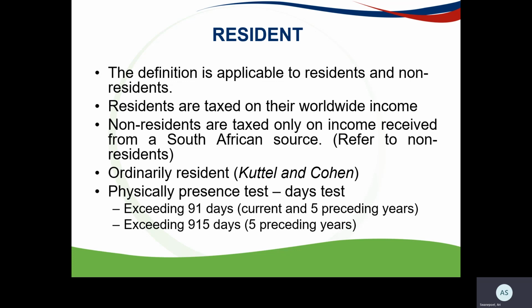So it's more than 91 days in each of those years. And in total, the person must be resident in South Africa for more than 915 days in all of the 5 preceding tax years together. So if that applies, then the person will be deemed to be a South African resident.